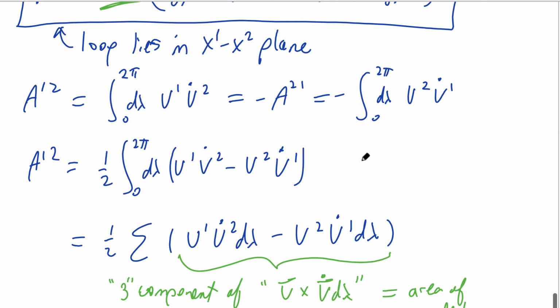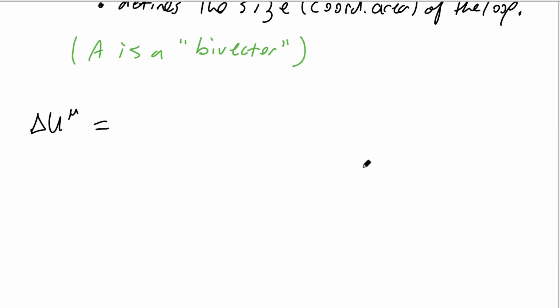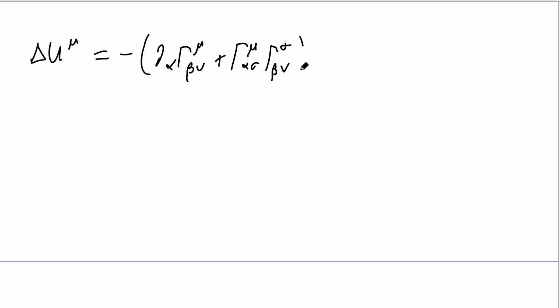So let me repeat that. We have minus partial alpha gamma mu beta nu plus gamma mu alpha sigma gamma sigma beta nu times u nu, all of this evaluated at the base point P, and then times this factor A that defines the area and the orientation of the loop.